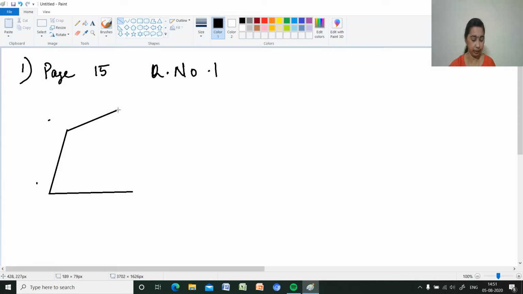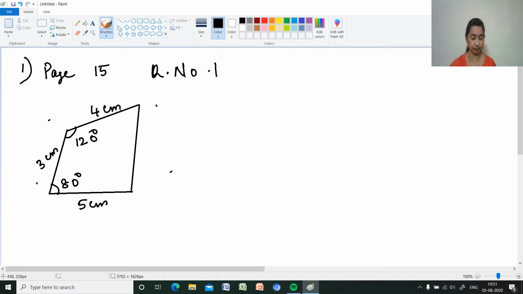This is a rough figure I am drawing here. The measurements I'll write here. It is given as 5 centimeter the base, and this angle is 80 degree. Then here one obtuse angle of 120 degree. This is 3 centimeter and this is 4 centimeter.